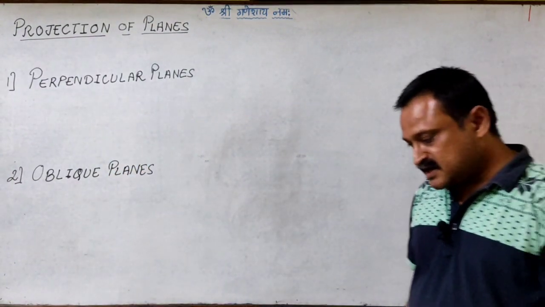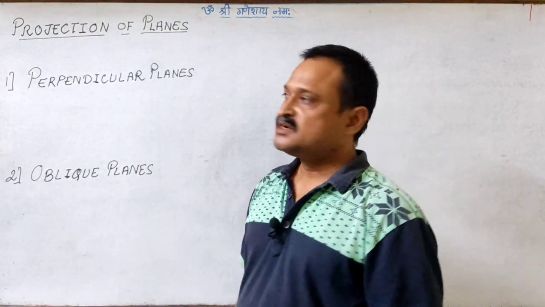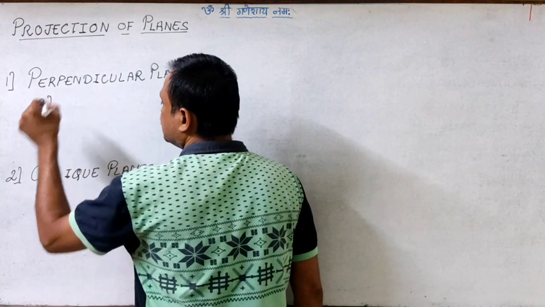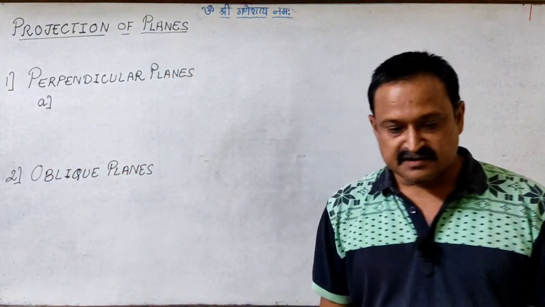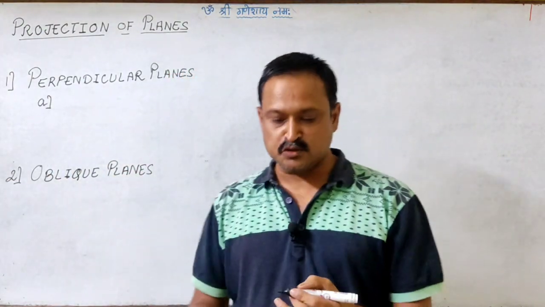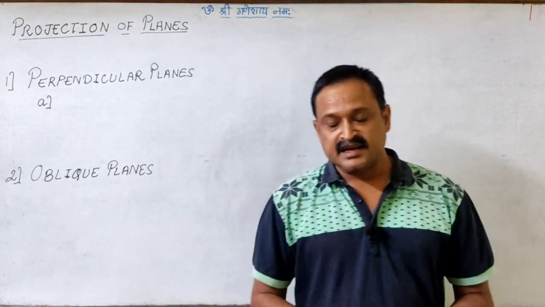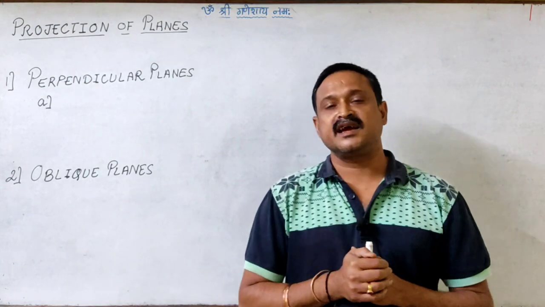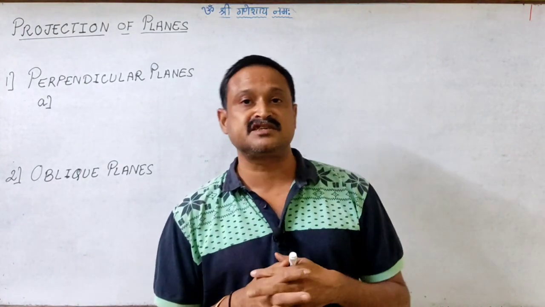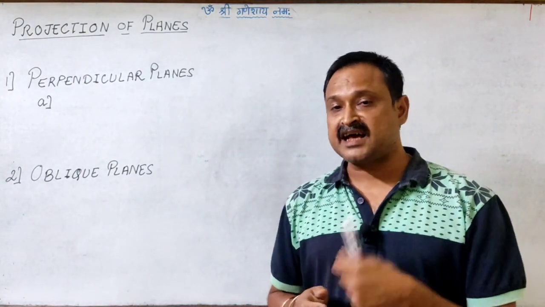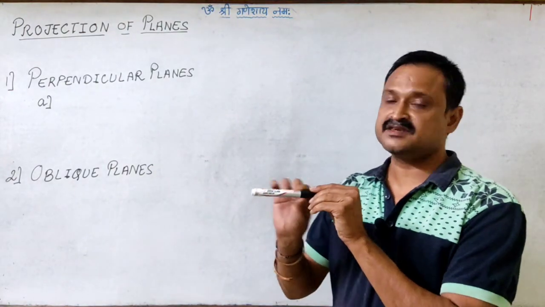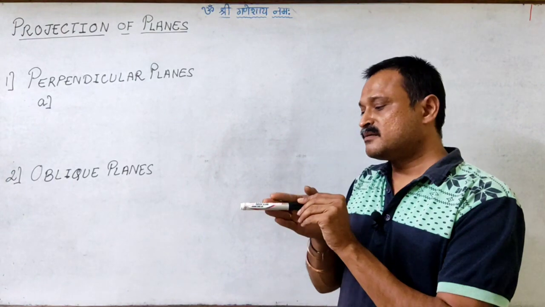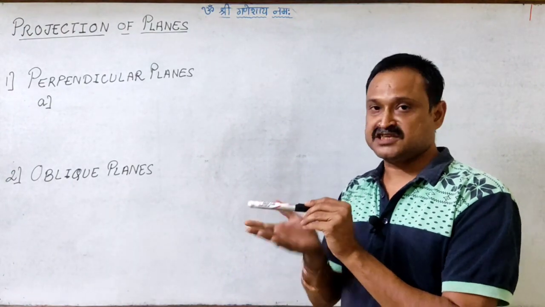Now if we see the condition of perpendicular planes, to categorize them, first we can say planes which are perpendicular to both the reference planes. Like in the case of a line, the simplest condition can be parallel to both the reference planes.